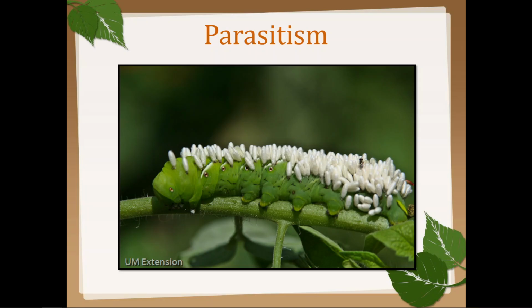The wasp benefits, while the tomato hornworm is harmed. The wasp lays their eggs inside of the hornworm, where they hatch and begin feeding on the insides of the caterpillar. When they mature, they spin cocoons on the hornworm's back, where they become adult wasps when they hatch. Thus, the tomato hornworm is eaten alive, while the wasps are getting many meals from the worm itself.